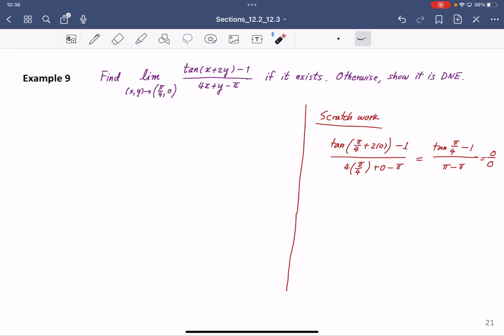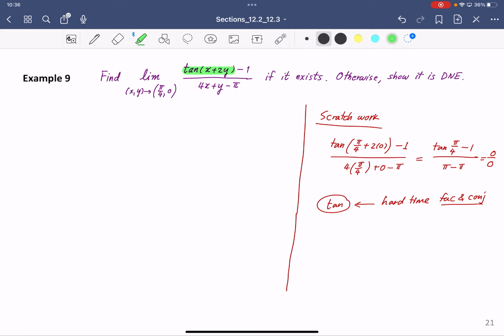With the tangent function here, you don't want to conjugate or factor, because the tangent is going to give you a hard time doing factoring or conjugate. So we're not going to do factoring or conjugate, because tangent gives us something super hard.